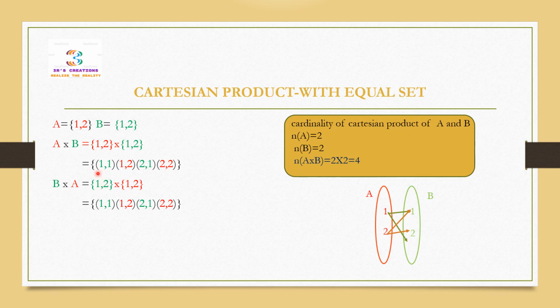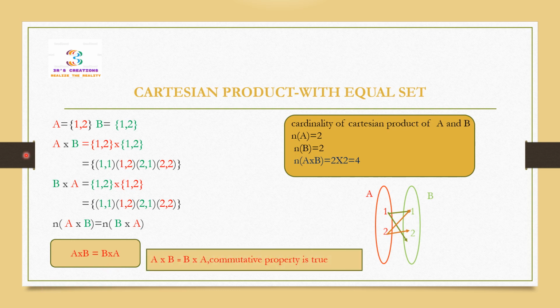That is, the elements in A cross B and the elements in B cross A are both exactly the same. So n of A cross B is equal, that is, the cardinality is equal, as well as A cross B equals B cross A. That is, the commutative property is true only in the case of equal sets.